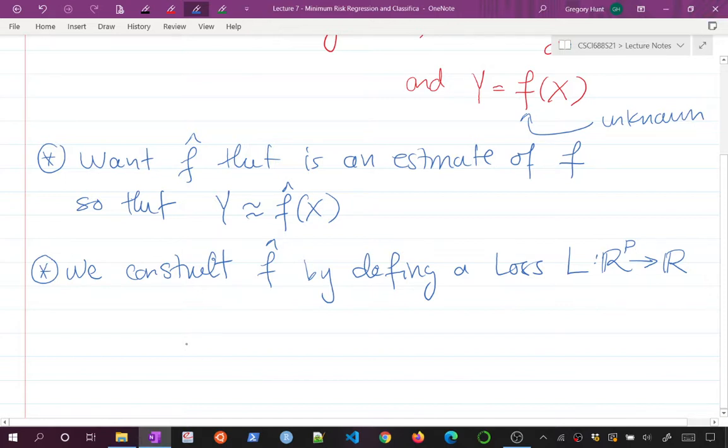And this loss basically tells us how well f hat does at approximating y from x.